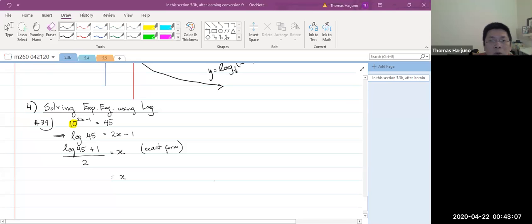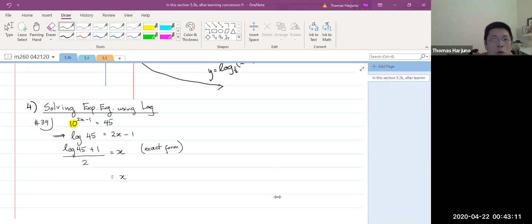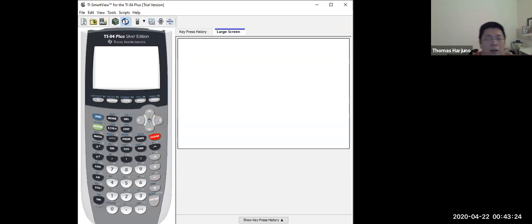Now let's see what you get. You need to play with the parentheses a lot though. Let me show you my calculator. I use a TI-84, but I think if you use a TI-83, it will be quite similar.